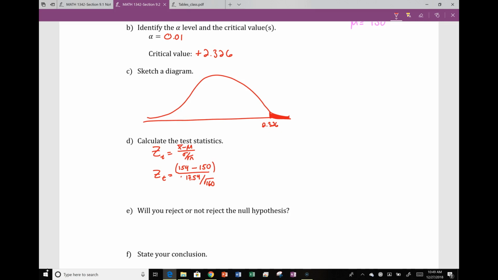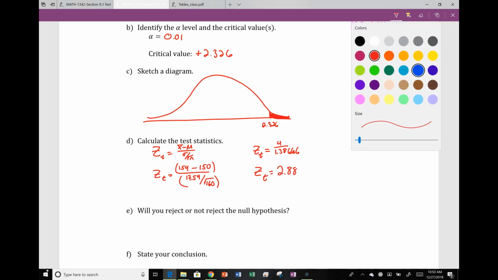Now again, I'm going to put parentheses around here just to remind me whenever I'm doing the calculations. I want to find that numerator first, 154 minus 150, that's going to be 4. I want to find 17.54 divided by the square root of 160, which is approximately 1.38666. Then I'm going to do this division. When I do this, I get 2.88.